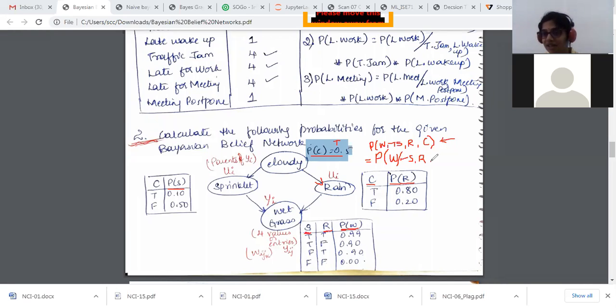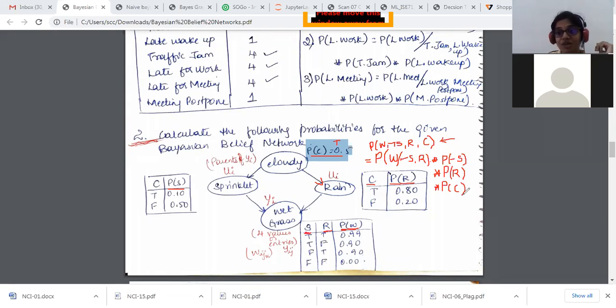Along with, into, probability of not sprinkler, into probability of R, that's the rainy, into probability of cloud.